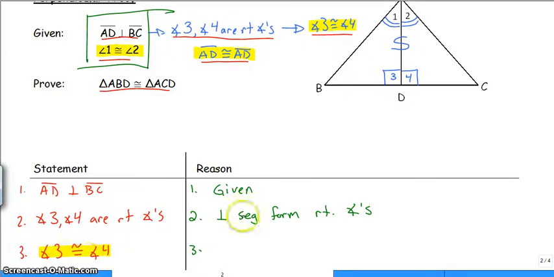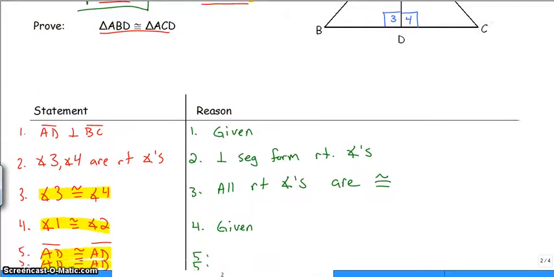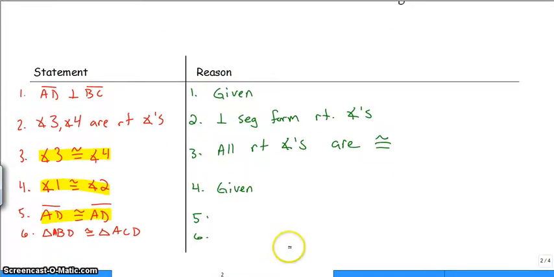So that's why we can go straight from right angles to saying that our angles are congruent, because all right angles are congruent. Almost there. We have two reasons left. Segment AD congruent to segment AD. We labeled that because we know we can assume reflexive property. We name that reason as reflexive property.